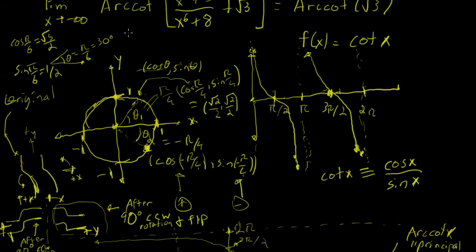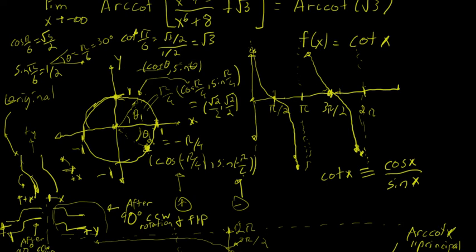Okay, so cotangent of pi over 6 equals cosine of pi over 6, root 3 over 2, divided by the sine of pi over 6, or 1/2. And this is just root 3, the square root of 3. So the arc cotangent of the square root of 3, principal arc cotangent, is pi over 6.